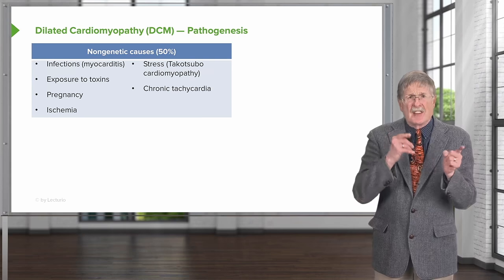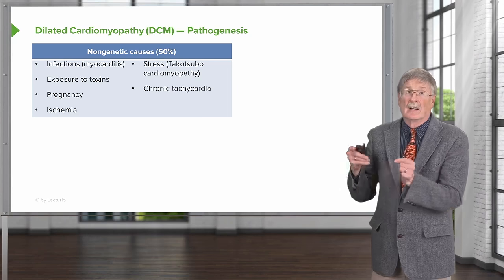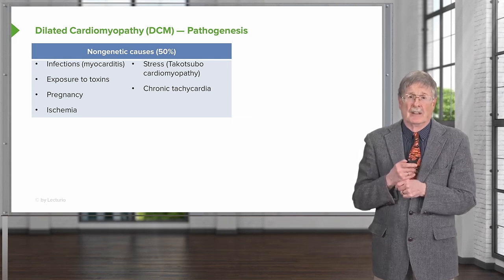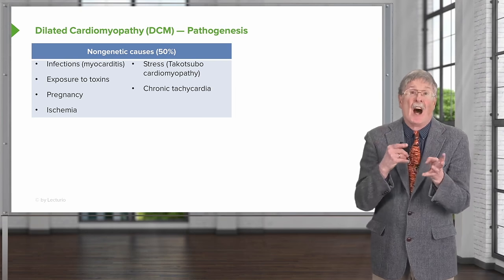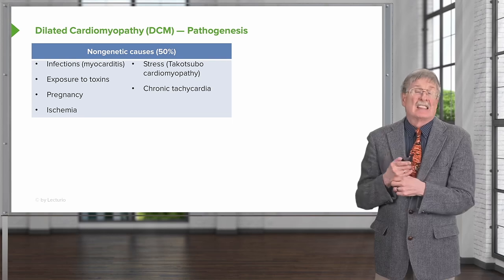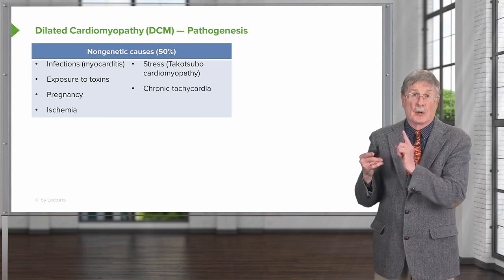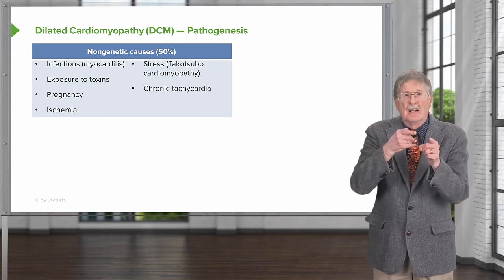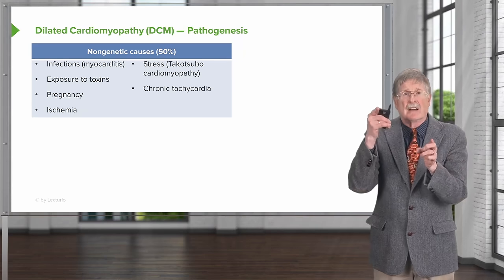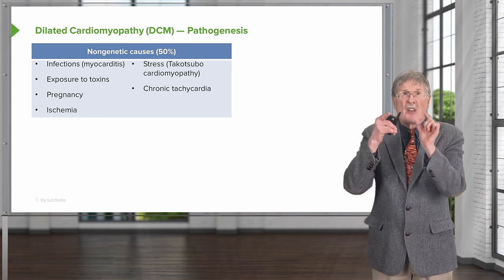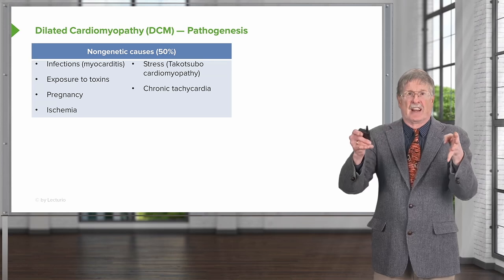Tachycardia. So just having a very rapid heart rate for prolonged periods of time can also cause dilated cardiomyopathy. And the reason for that is it's part of high output failure. It is actually a mechanism by which we can induce heart failure in experimental animals, just pace them very quickly. And it is because over a period of time, we've talked previously, the normal cardiac cycle, roughly a third of a second is going to be for systole and 2/3 of a second for diastole.